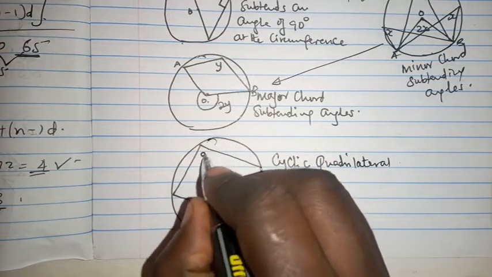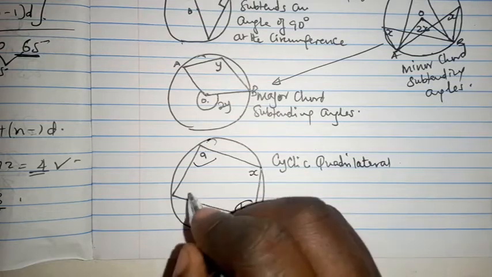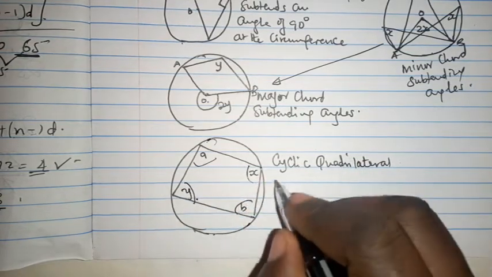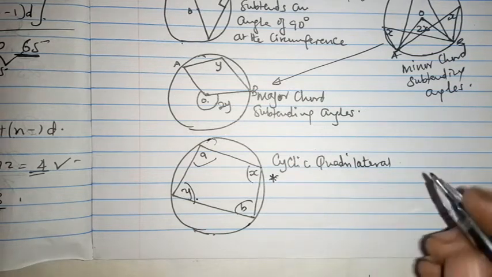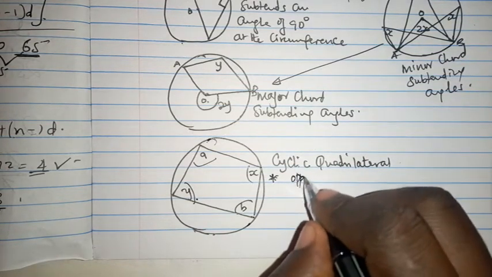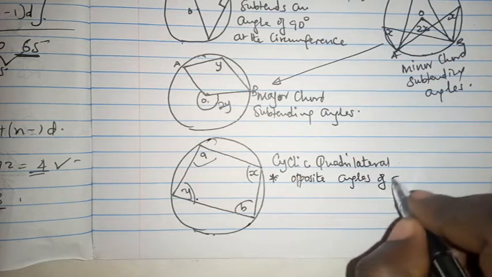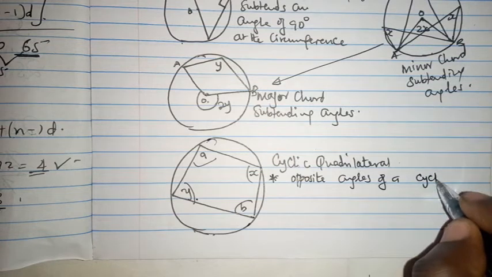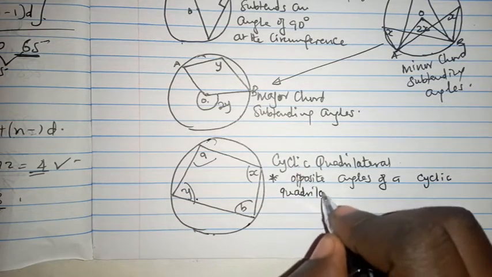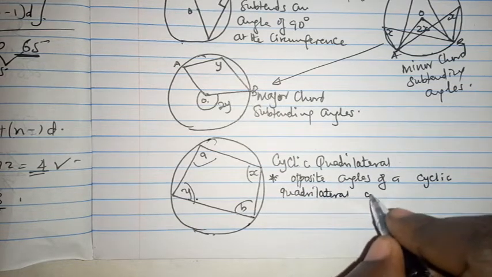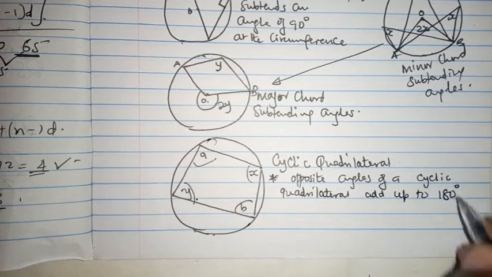What is special with a cyclic quadrilateral? Now we have angle A there, we have X there, we have B there, and we have Y there. It is important to note that opposite angles of a cyclic quadrilateral add up to 180 degrees.